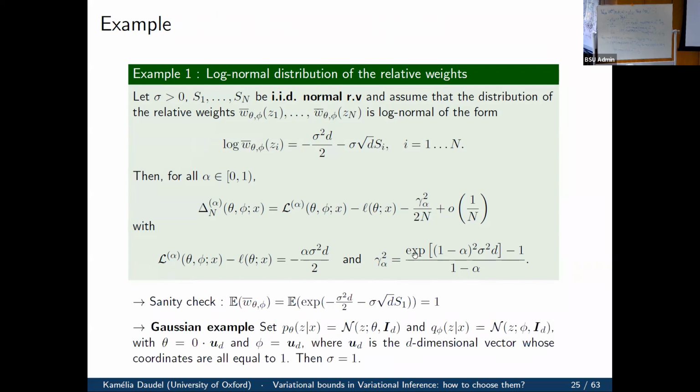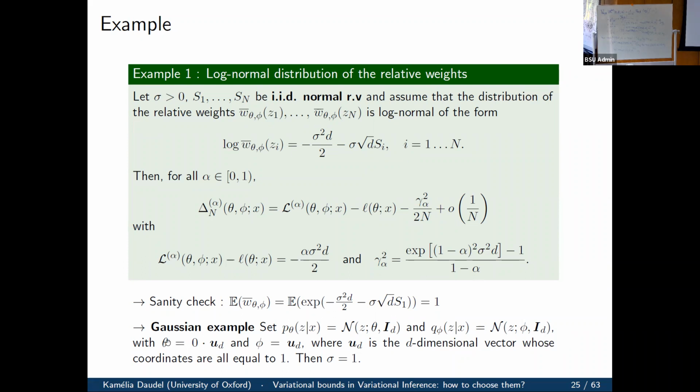Okay, so let me do a bit of inception and give you an example within the example. I'm going to take my posterior density as a normal distribution with parameter theta, and my variational approximation as another normal with parameter phi. And I'm going to set up theta and phi so that I am under these conditions.